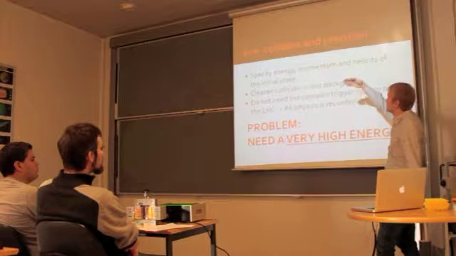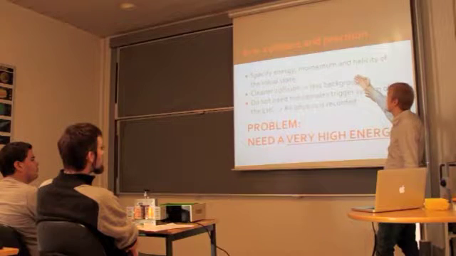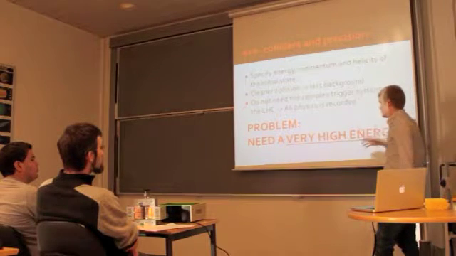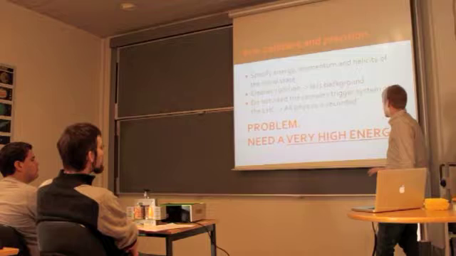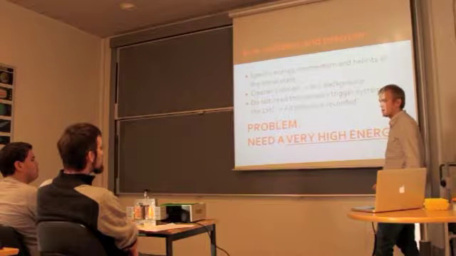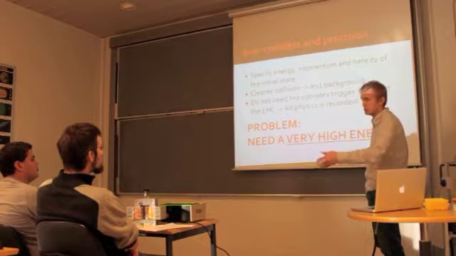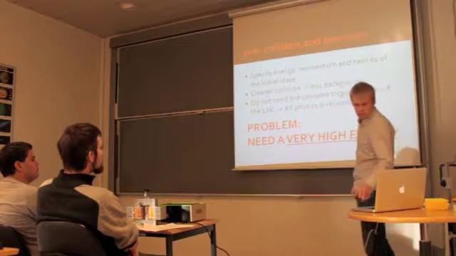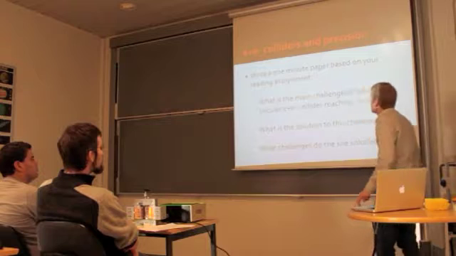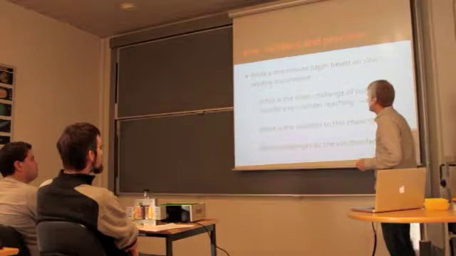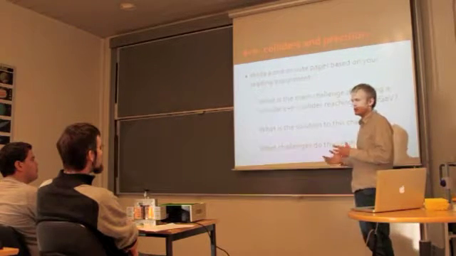But there is a problem about building, for example, a circular E plus E minus collider, because we need to go to very high energies, and as you know from the reading assignment that I gave you, these problems have to do with the loss of energy.